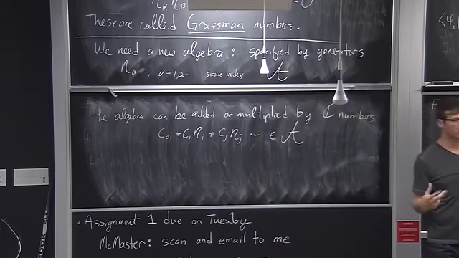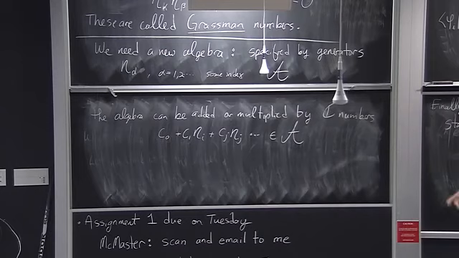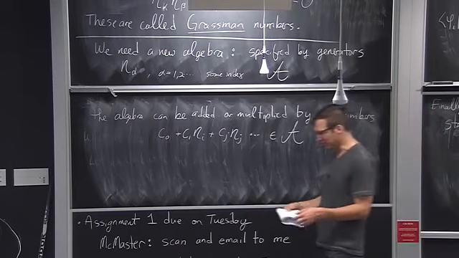So when you see a Grassmann number and you have an i in front of it, or some scalar in front of it, don't worry, everything's working out.